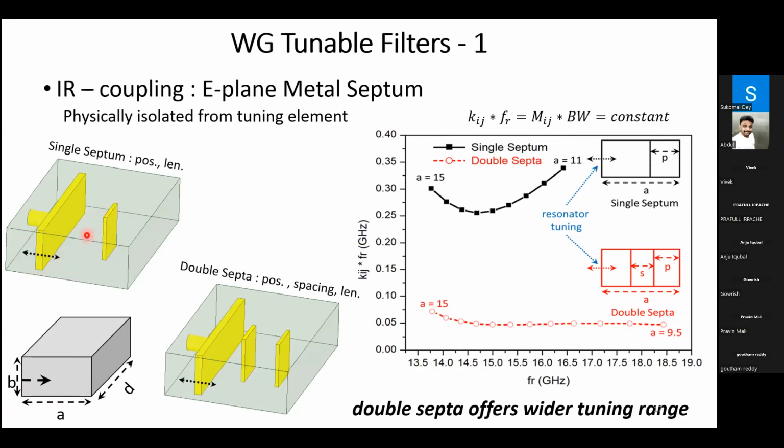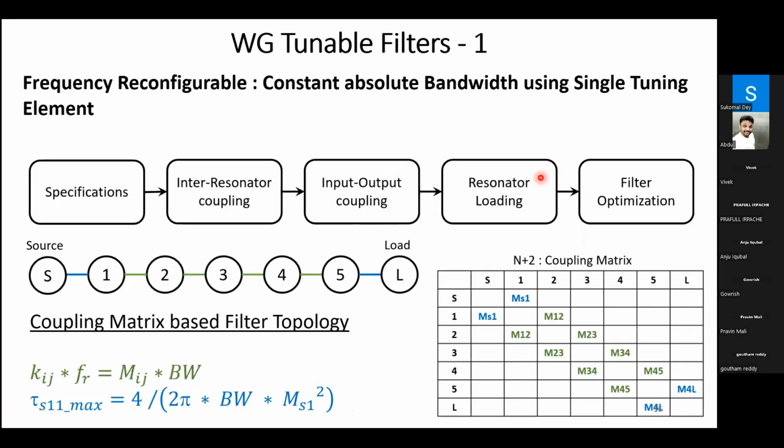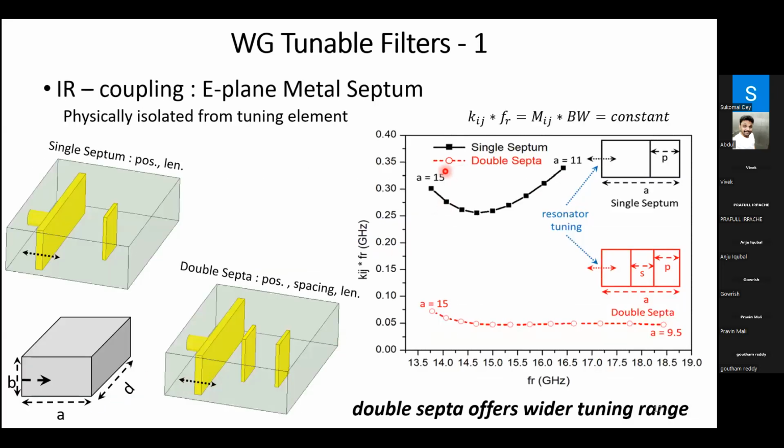We used a single septum for inter-resonator coupling, and we found that the product of the physical coupling coefficient and the resonance frequency was not constant. Remember, it has to be constant for achieving constant bandwidth. Since it was not giving us a constant value, we went to the double septum, because a double septum has many parameters like the position of the septum, the length of the septum, and the spacing between the septa.